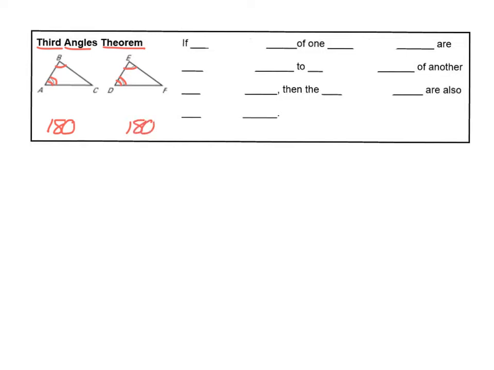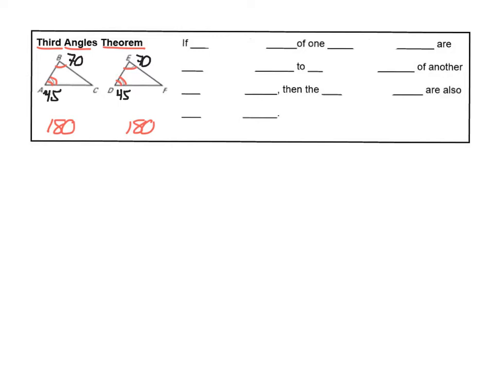So let's say, for example, angle A measures 45 degrees. Then that means angle D must also measure 45 degrees. And let's say that angle B measures 70 degrees. So that means angle E must measure 70 degrees.